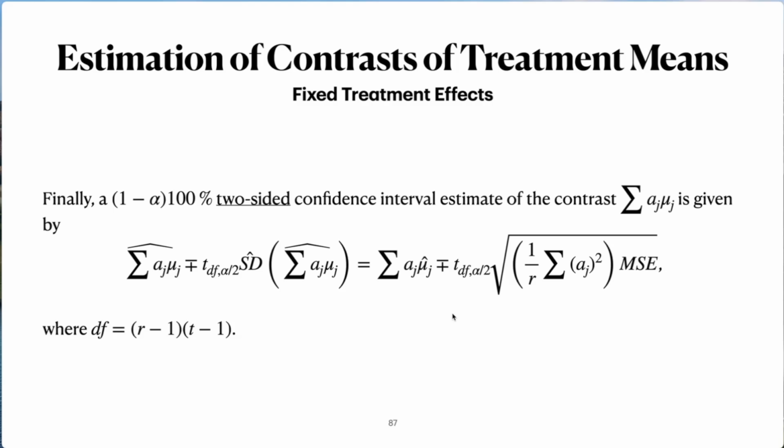Notice that because this is a two-sided confidence interval, we have to divide alpha by 2. The interval coefficient here is the upper alpha over 2 percentage point of the t distribution with degrees of freedom equal to r minus 1 times t minus 1.